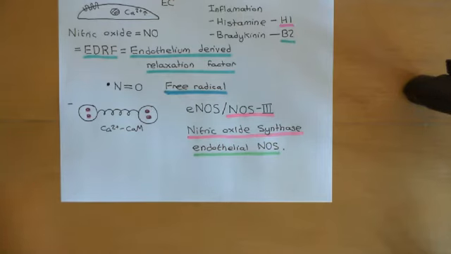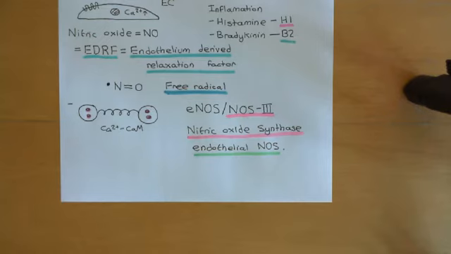So eNOS is the main nitric oxide synthase enzyme in endothelial cells, and it's going to be activated by calcium calmodulin complexes.